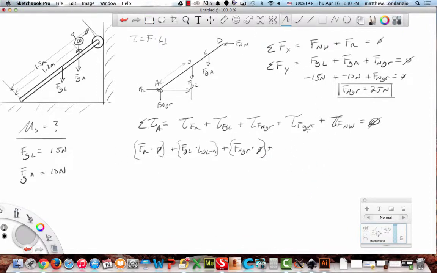Plus force GA times the length from GA to A, right? Does that make sense? Plus FNW times the length of NW.